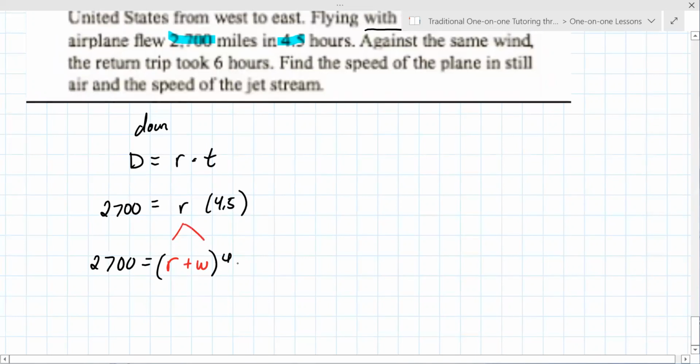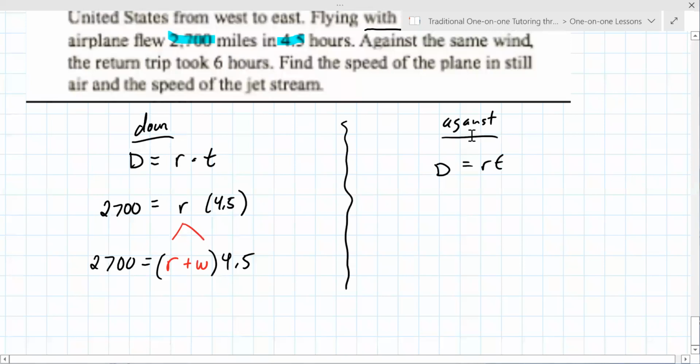All right. Now we're going to do against, or upwind, or upriver. It's still D equals RT. It says now against the same wind, the return trip took 6 hours.